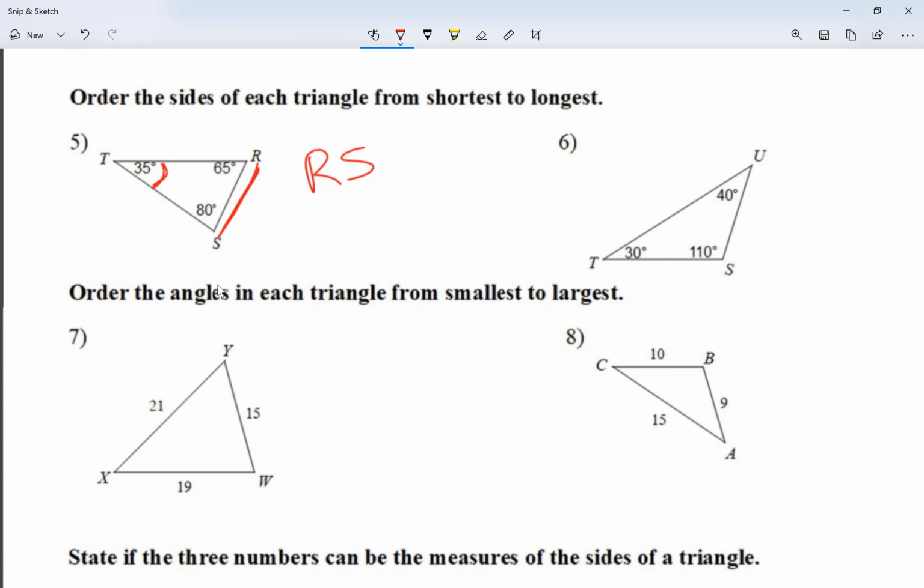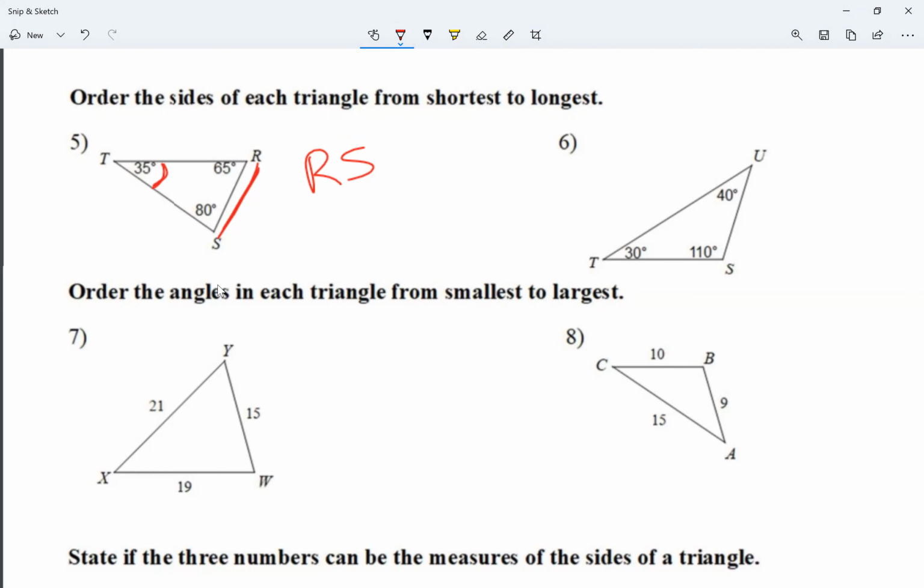Usually when we write a segment, we write a line segment symbol on top. If this was on paper, then yes, make sure you write the line segment on top of RS. That way you indicate side RS. But because our homework is going to be online, we cannot type that.